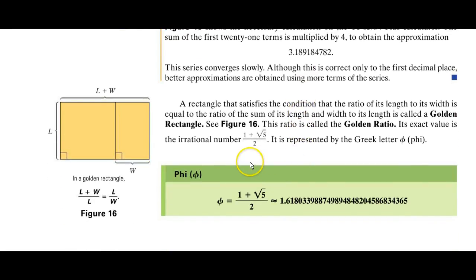All right, going on to this next one, which is phi, and there's the spelling of it right there. And this is referred to as the golden ratio. So here we have a square, and then we have this other part where we're adding a width to it.